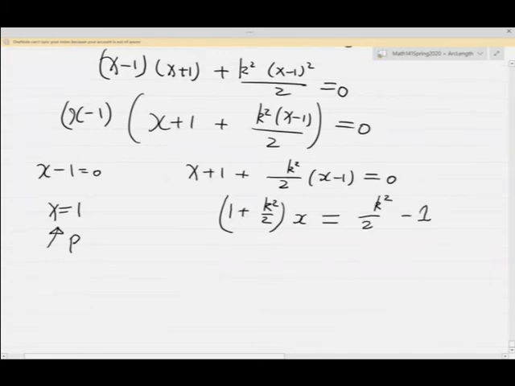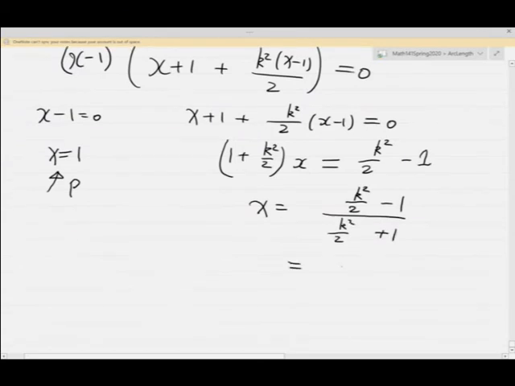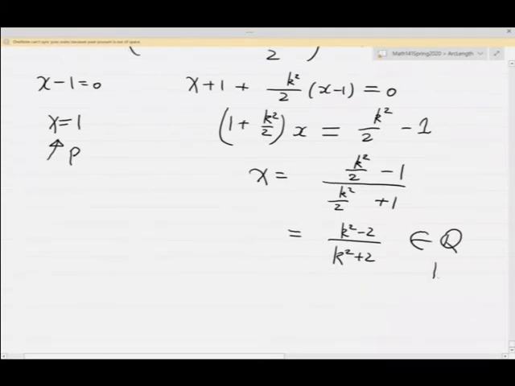So what do you get? X is 1 half k squared minus 1 over 1 half k squared plus 1. So this is k squared minus 2 over k squared plus 2. This is of course a rational number because k is rational. K is a rational number.